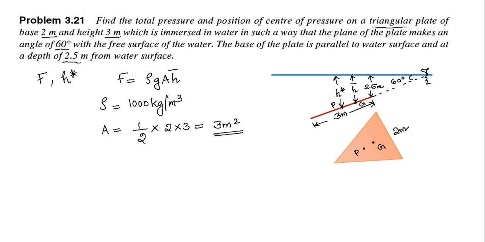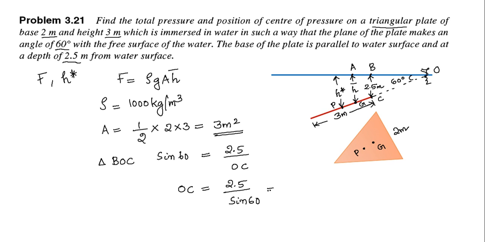Now we will give notations to certain points over here. Let this be A, B, C and O. We know that in triangle BOC, sin 60 is equal to 2.5 divided by OC. From this, OC is equal to 2.5 divided by sin 60, which is equal to 2.88 meters.